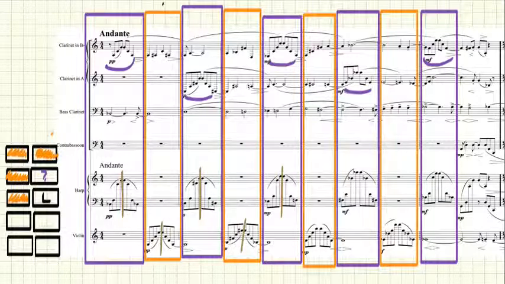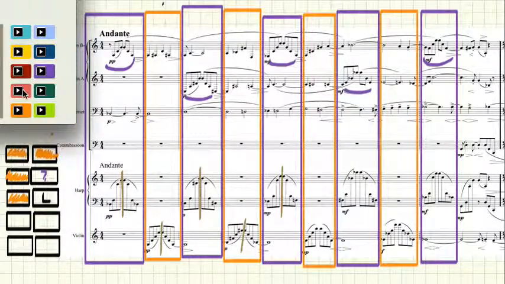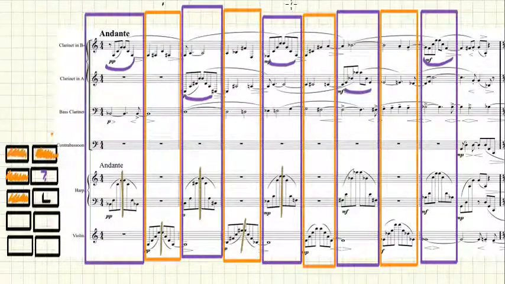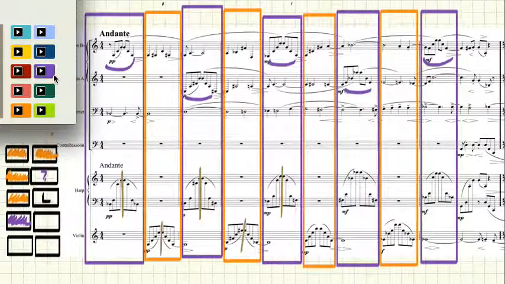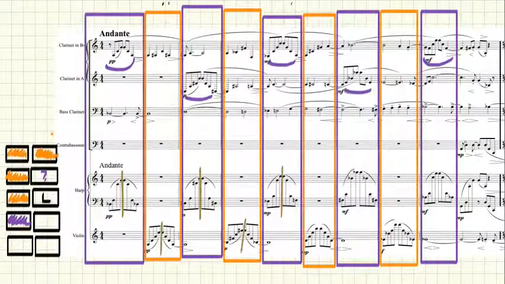So okay, now let's listen to the seventh fragment. I hear the harp pizzicatos there, so I will put a violet color. Okay, let's continue. I don't have any doubt about this.